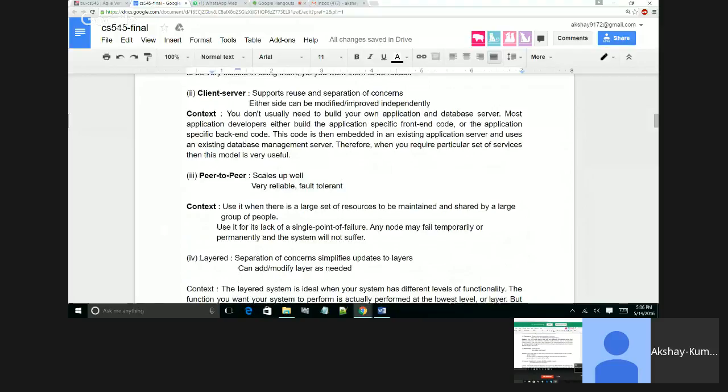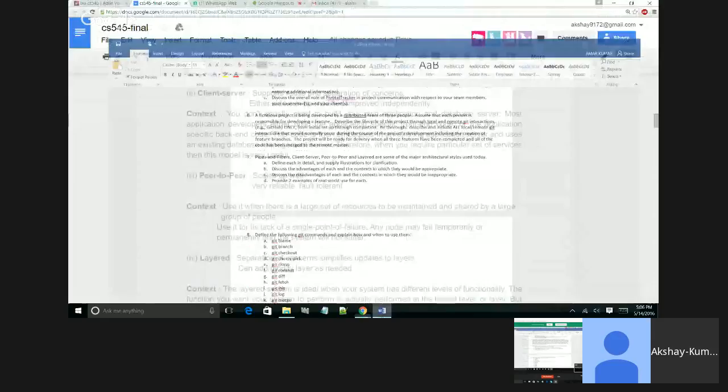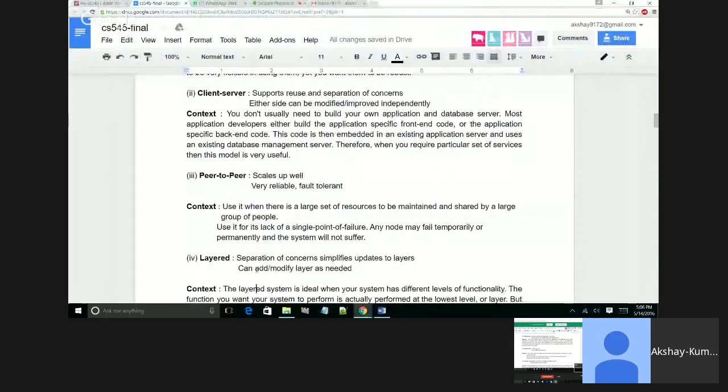These are all the architectures: firstly the advantages of them, and the contexts where they can be used, where they would be appropriate. So in these contexts they would be appropriate.